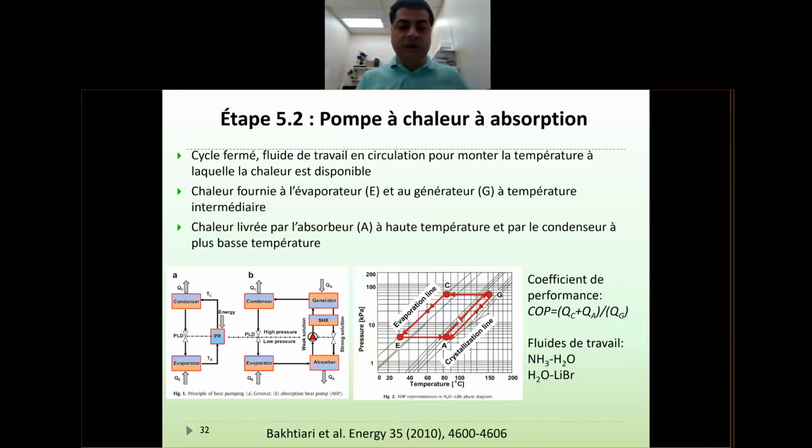It takes energy, so at the generator stage the temperature increases because of the Qg. The solvent gets separated from the volatile part. The solvent is sent back to the absorber, but the volatile part is sent to the condenser.